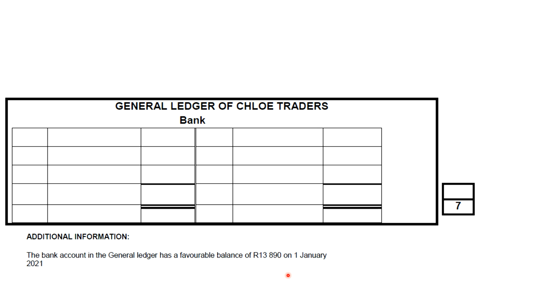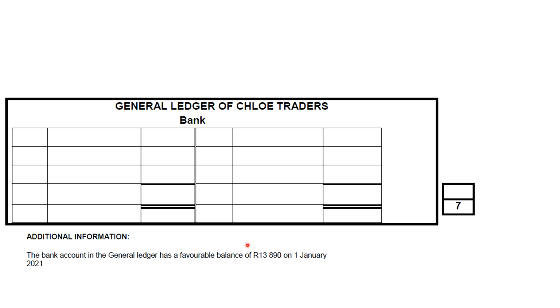What that means is that our balance brought down will be on the debit side. If they said it was unfavorable, our balance brought down would be on the credit side. So favorable balance, debit side; unfavorable, credit side. Our balance brought down is going to be 13,890, but on the debit side.